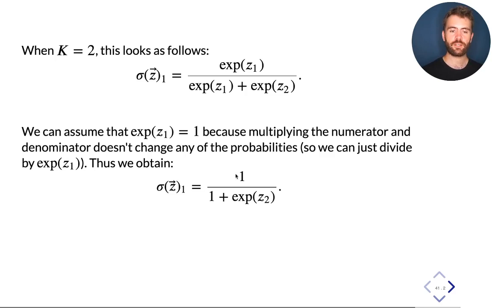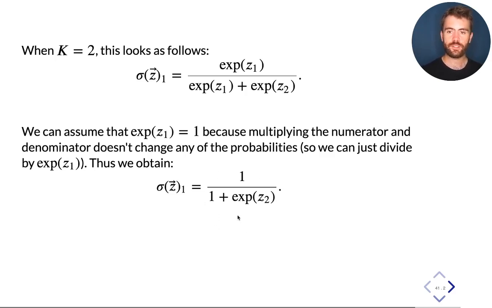But essentially we can assume the following form, and as we go across all the values of z2, we're going to be able to express the same set of probabilities. So here I have simplified this expression by setting z1 to 0 essentially arbitrarily, because z1 is an extra degree of freedom that we don't need. We just need z2, and this will be enough to define all the possible probabilities for the 2 classes.